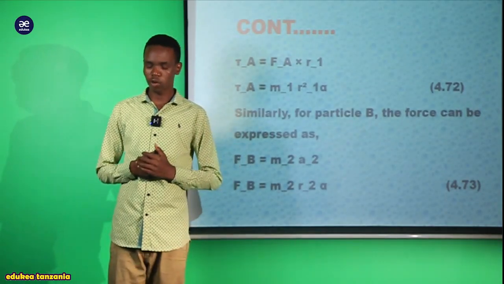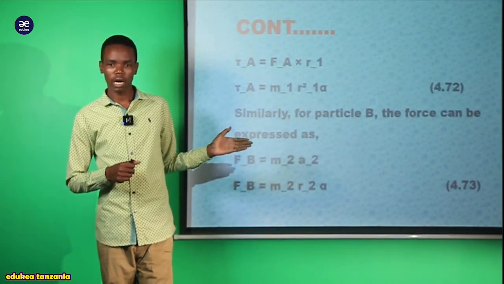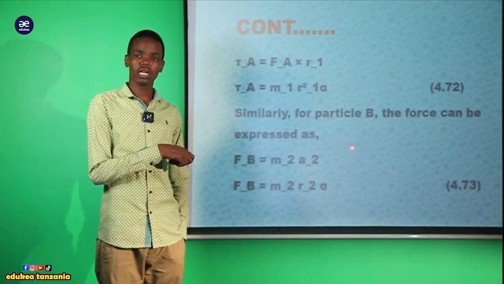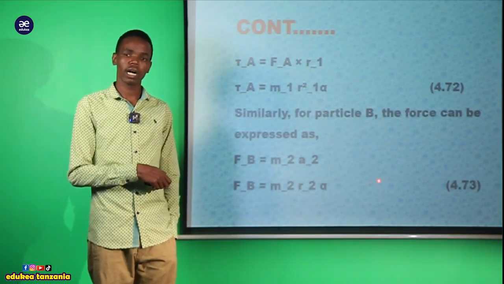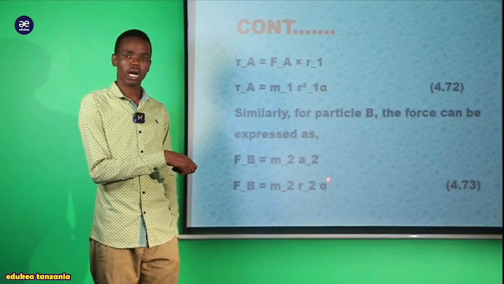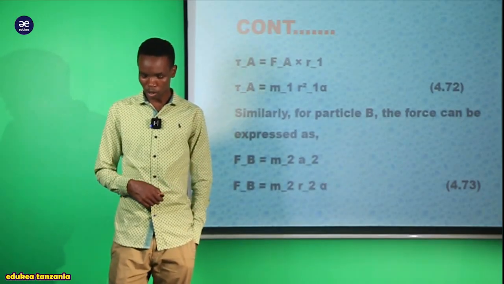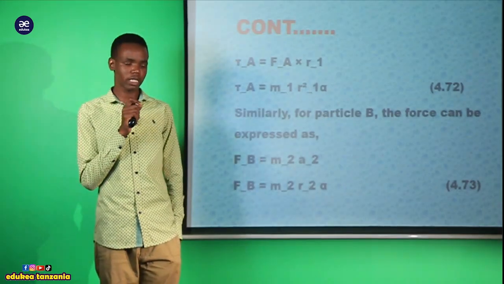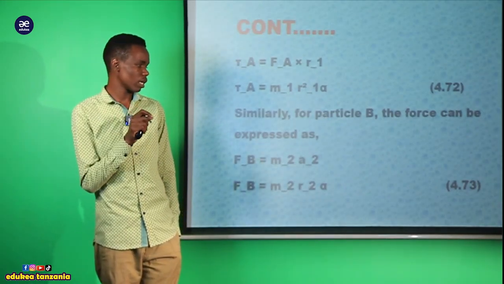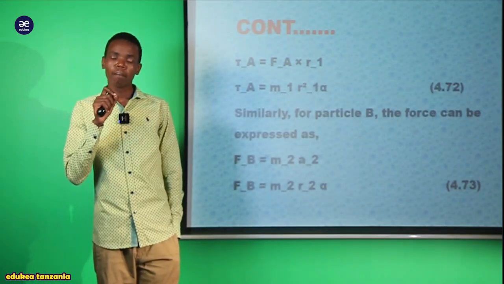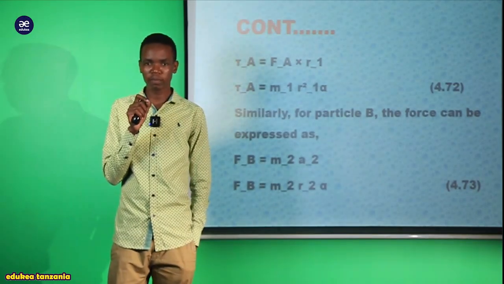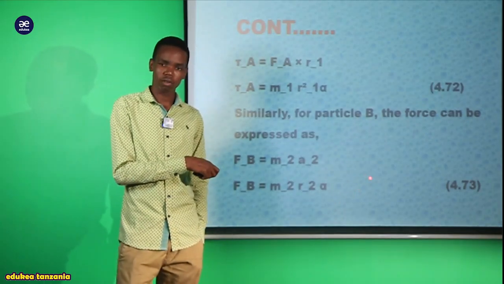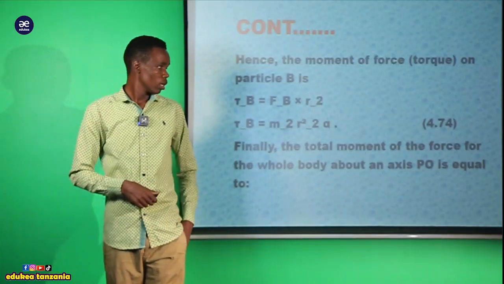This is the formula for obtaining the acceleration a2. Now instead of writing a2, we place r2 times the constant angular acceleration. So we conclude that F_B, the force at the point B, must be equal to m2 times r2 times the angular acceleration.